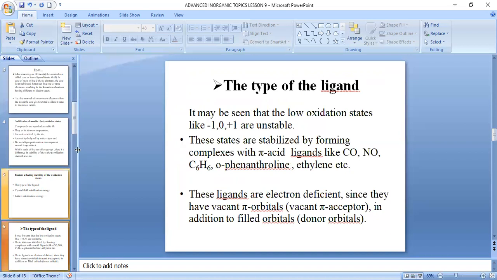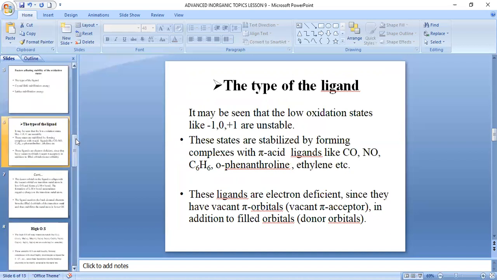How does the type of ligand stabilize the oxidation state of a transition metal? It may be seen that low oxidation states like -1, 0, or +1 are unstable. These states are stabilized by forming complexes with pi acid ligands like carbon monoxide, nitrogen monoxide, ethylene, benzene, and others.